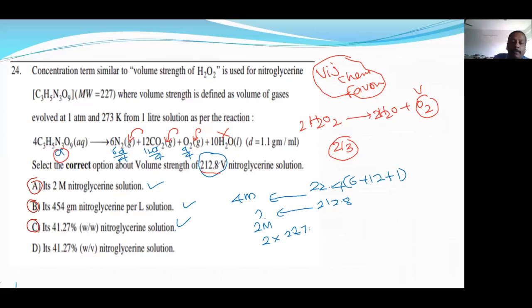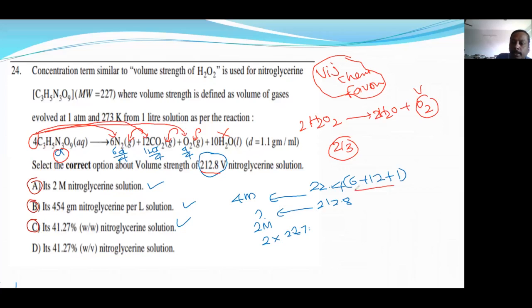Okay. So if you balance this, whatever we measure will be at STP. Here in the balanced equation, you can see 4 moles. So if I am using 4 moles, I will get 6 moles of nitrogen gas, 12 moles of carbon dioxide gas, 1 mole of oxygen gas.